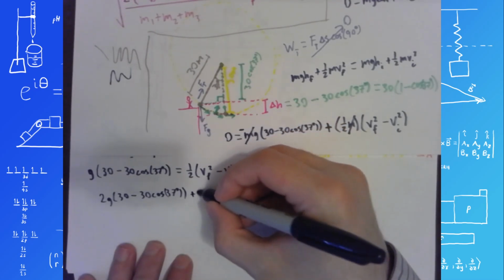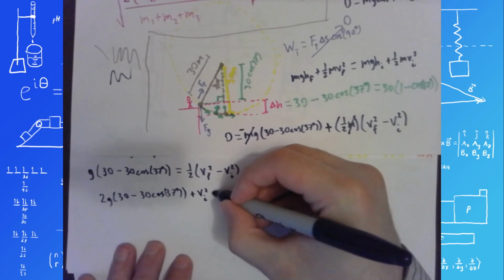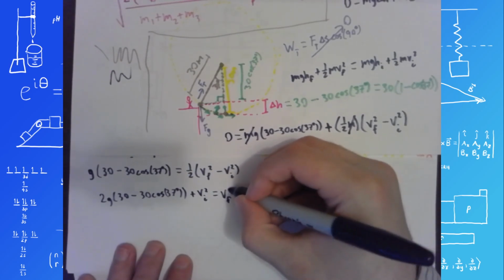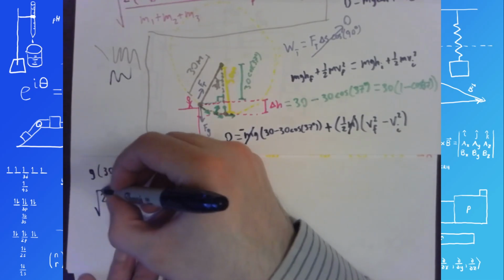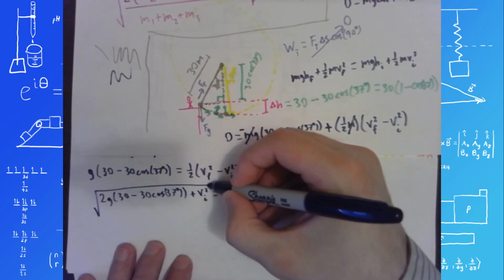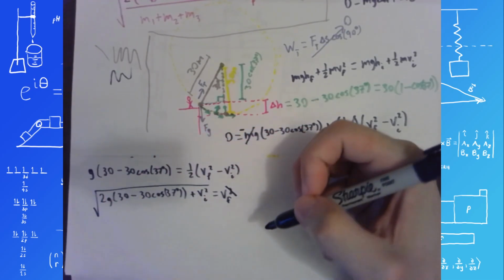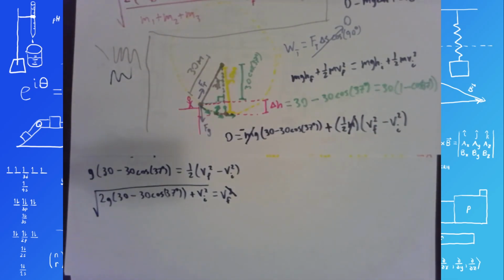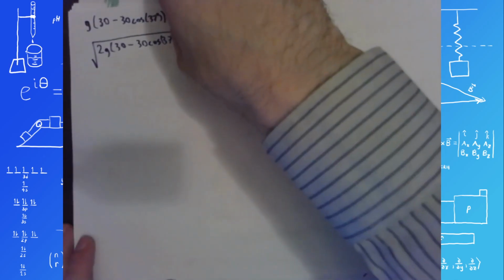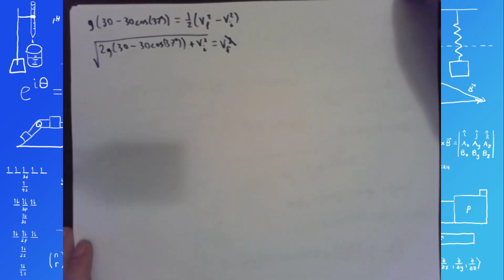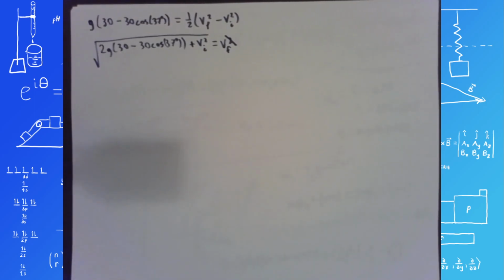Add v initial squared to both sides, and there's our expression for v final squared, and then you can square root both sides of this to get v final's magnitude. And plug in v initial equals 0 versus v initial equals 4, and you've got your two answers.